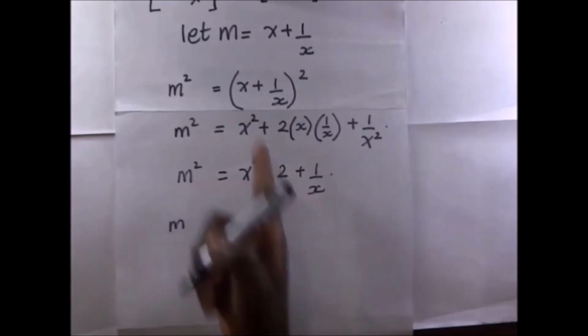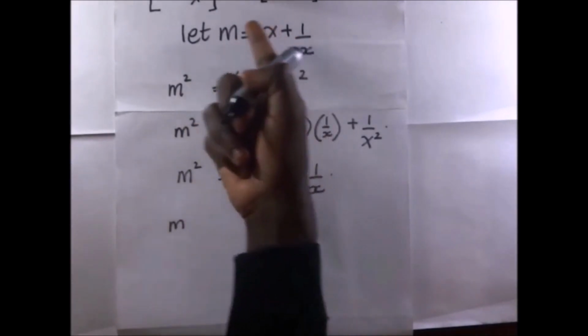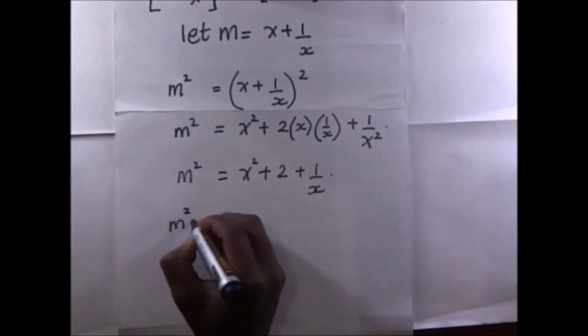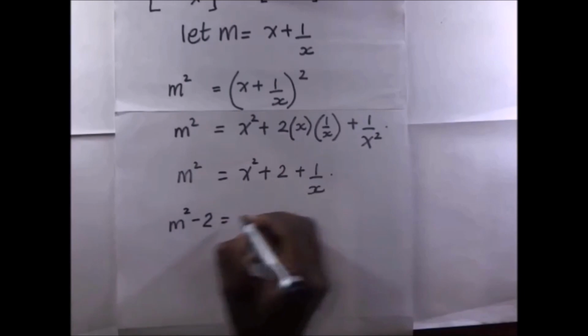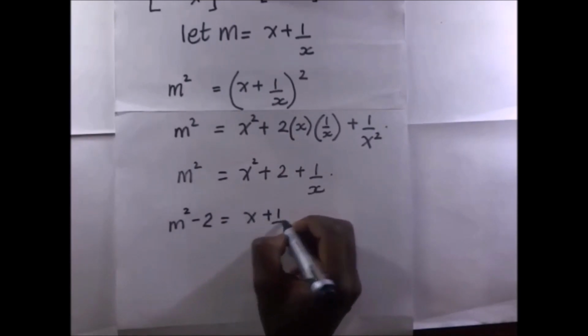If we make it look like this, we are supposed to remove the 2 from here. So m squared minus 2 is going to become x squared plus 1 over x squared.